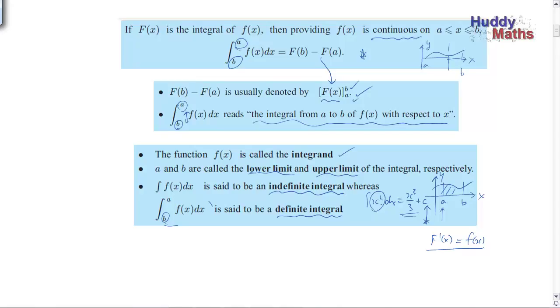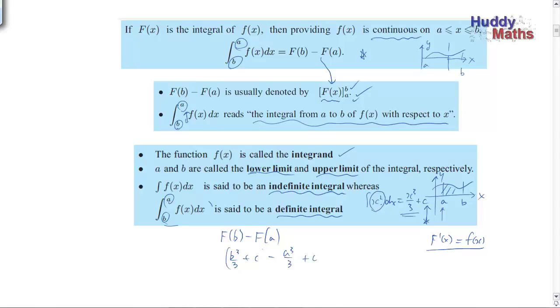But when we go to finding the definite integral from a to b, and evaluating it, f of b on the upper end minus f of a, this is a definite integral. There's no c's in it because x cubed would be b cubed on 3 plus c, minus a cubed on 3 plus c.